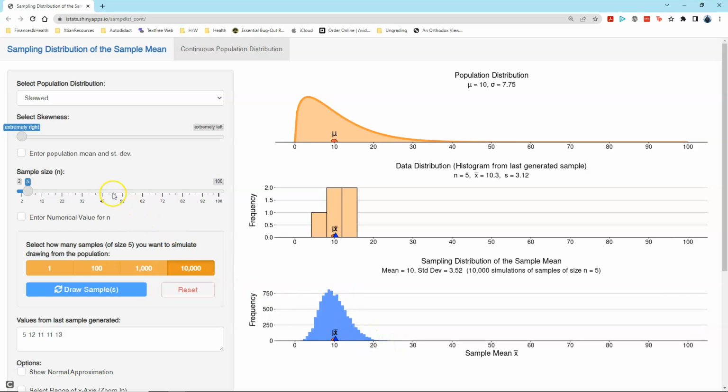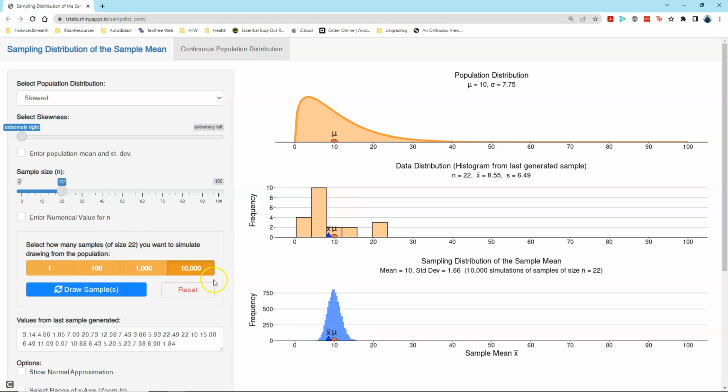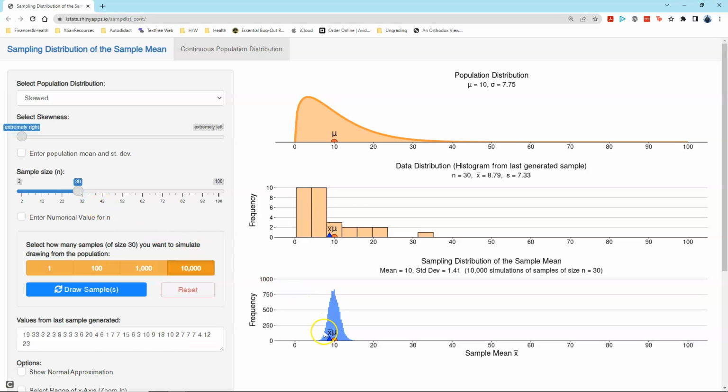It's definitely not normal. So if I go ahead now and increase the sample size, I'm going to bump it up to 22. Now we start to see it's becoming more strongly a normal distribution. And again, as we get closer to that magic value of 30, at 30 we can definitely see that the sampling distribution of sample means is approaching a normal distribution shape.